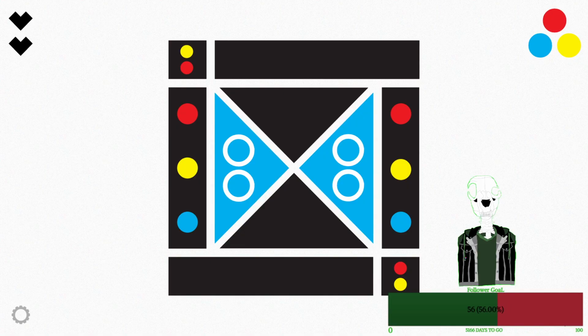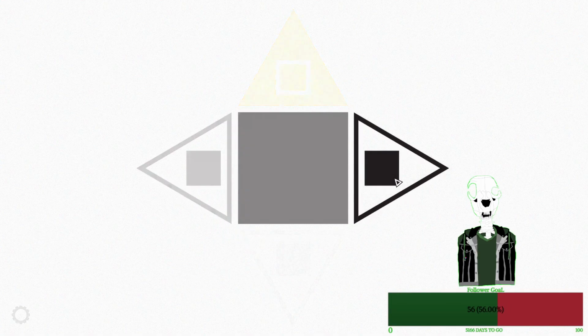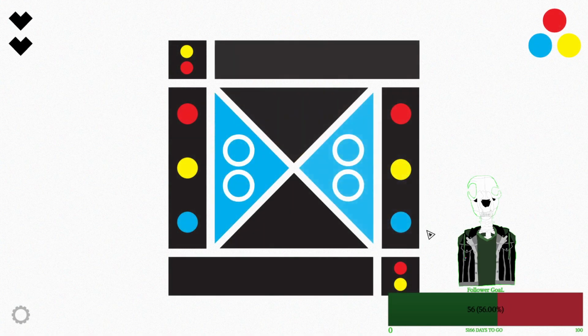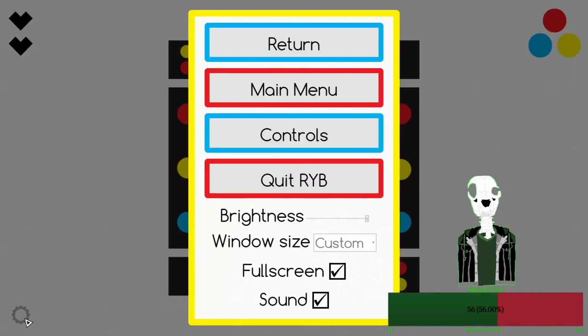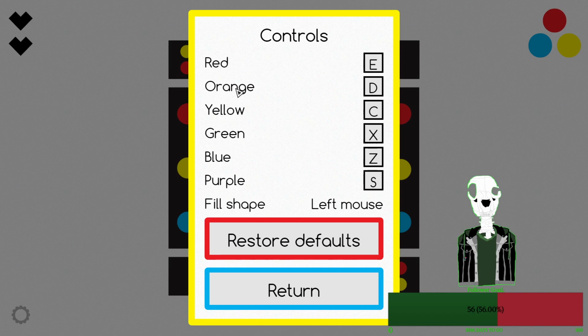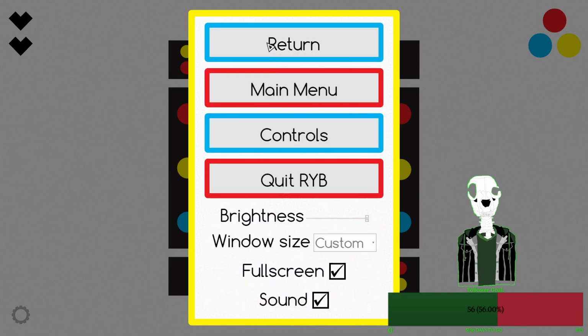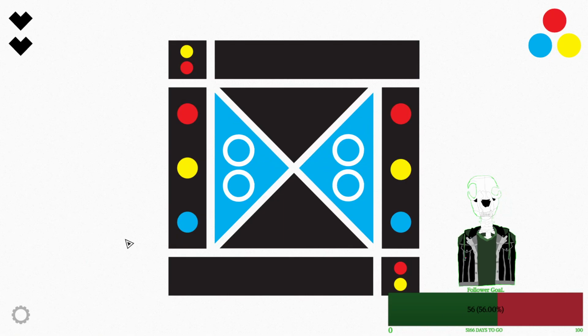Is there a way to like... I don't know, that's not what I wanted. I was hoping I'd be able to mark it. I kind of gotta just keep it in my mind. So red, yellow.